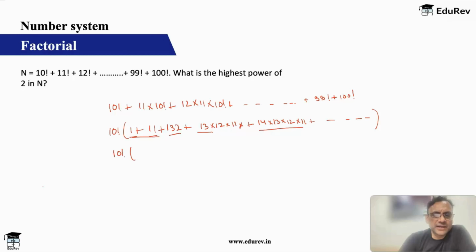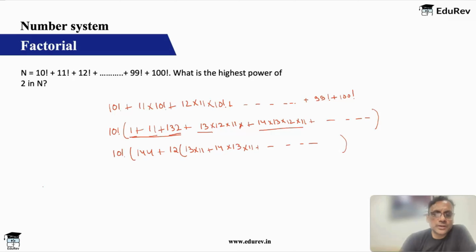Let's add these three at least. This will give you 144, plus 13 into 12 into 11. Let's take 12 out from the remaining ones. So you'll get 13 into 11 plus 14 into 13 into 11 plus, you'll get like this.